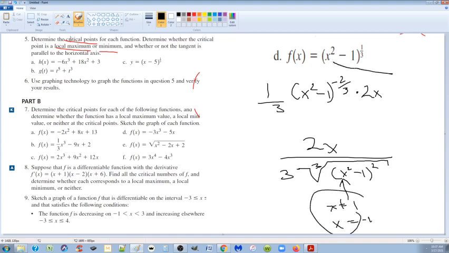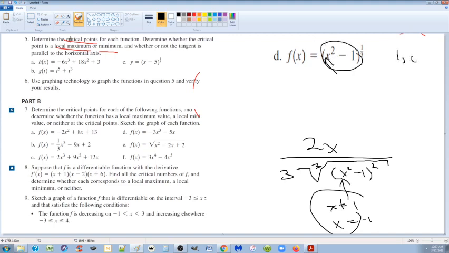Up here looking at this, we can find instantly that when x is 1, this thing is 0. And when x is minus 1, this thing is 0.